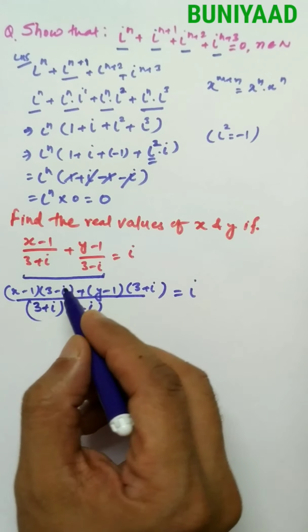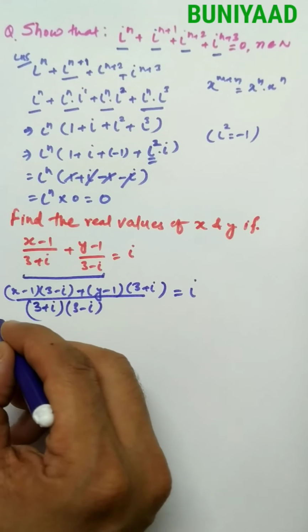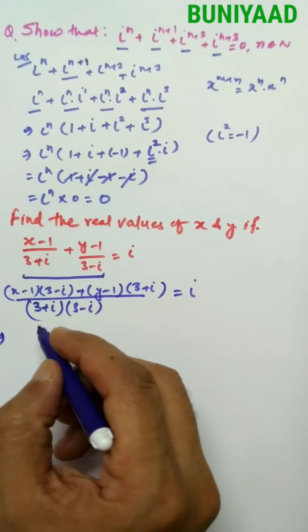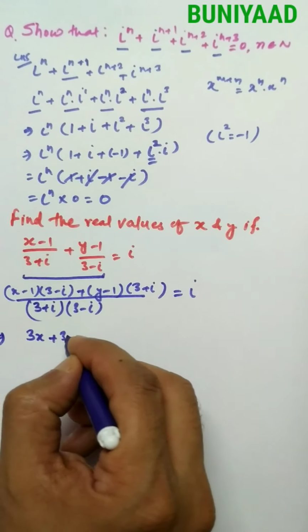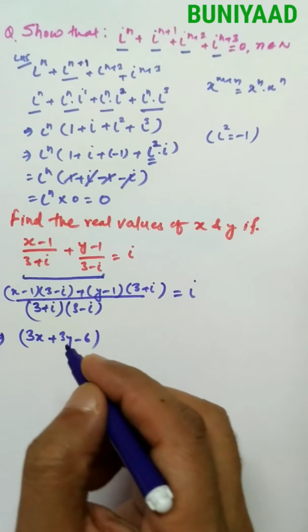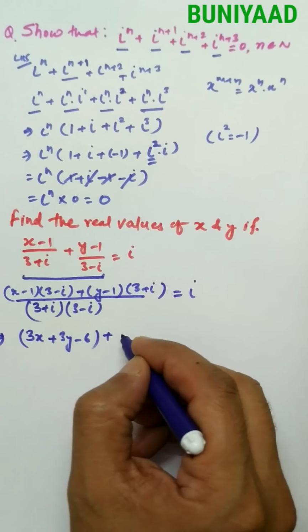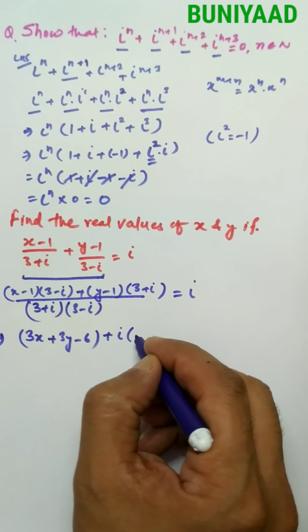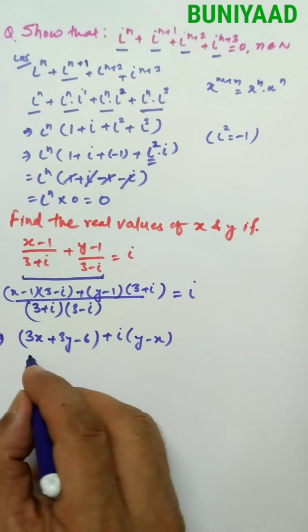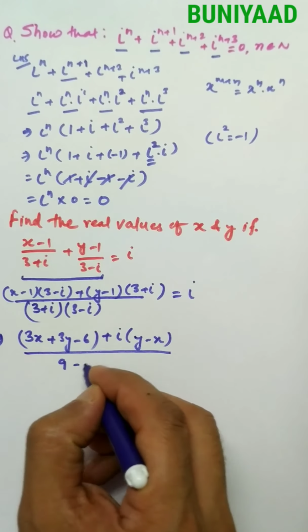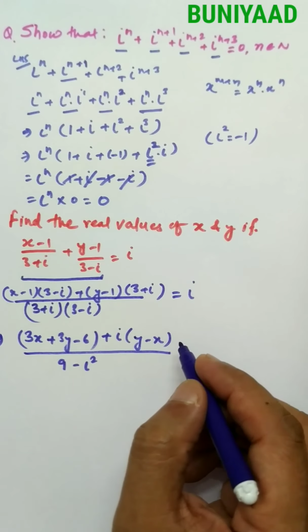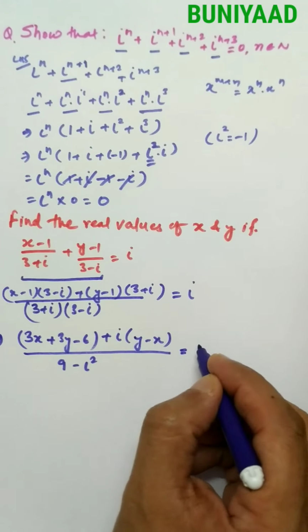Now you will multiply and simplify these terms, and you will get 3x plus 3y minus 6, and after simplification you take iota common here, upon, this becomes (a plus b)(a minus b), which is 9 minus iota square, and that equals iota.